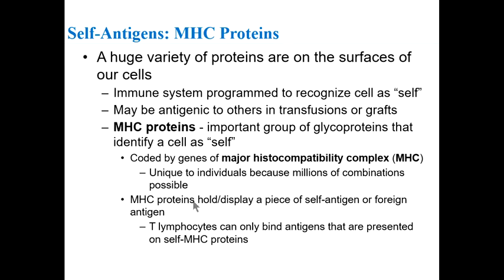So our MHC proteins hold or display a piece of self-antigen or foreign antigen. If it's a self-antigen, one of our MHC proteins, then all is fine. If a foreign antigen is displayed on our MHC proteins, well then T lymphocytes can bind to them and act to destroy them.